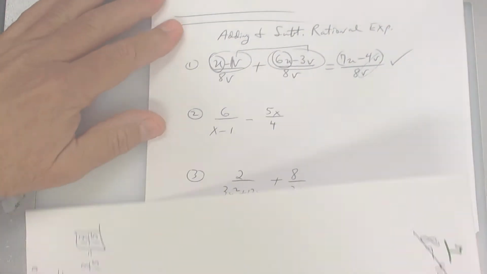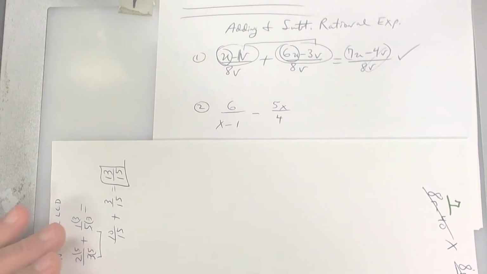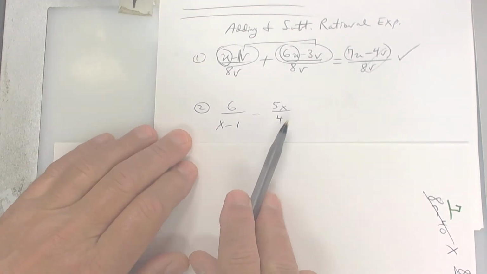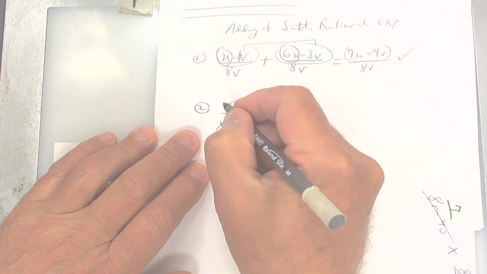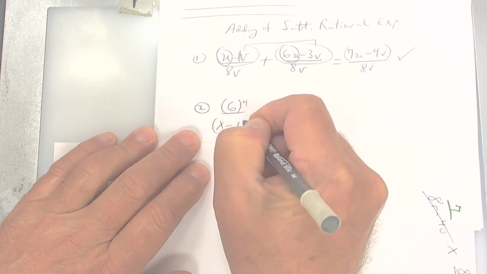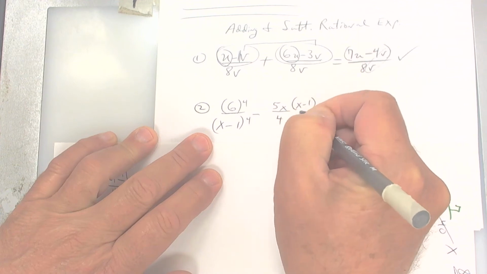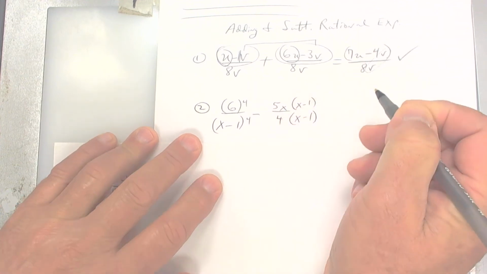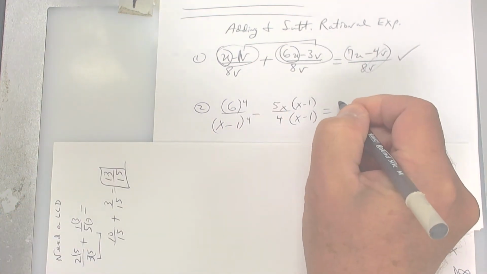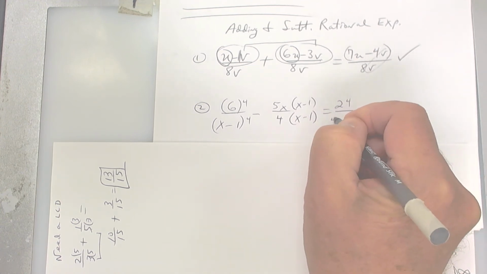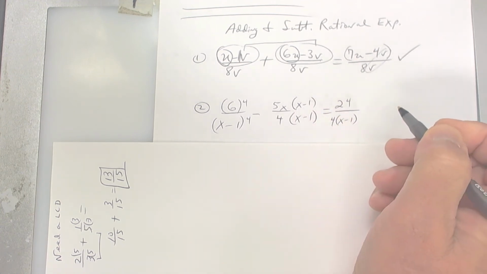Let's take a look at this one. This one's subtraction. Your denominators are factored, so what you're going to do is put the 4 over here, and you're going to put the x minus 1 over here, just like we did a moment ago. So that's going to be 24 over 4 times x minus 1.